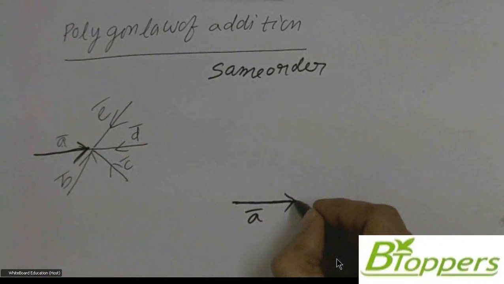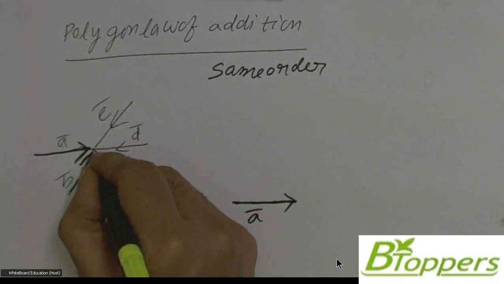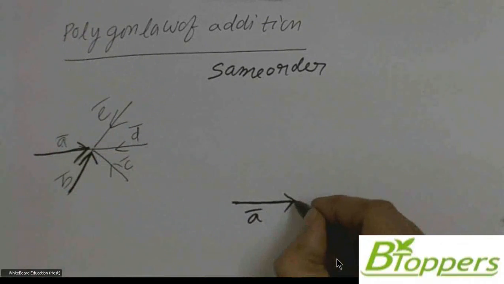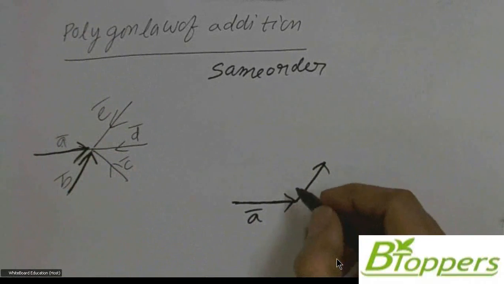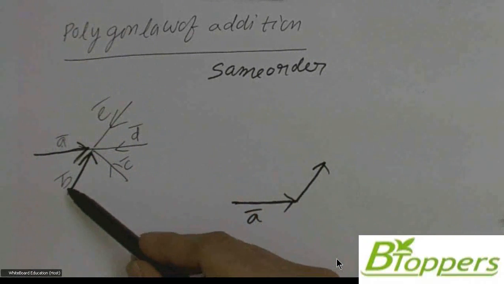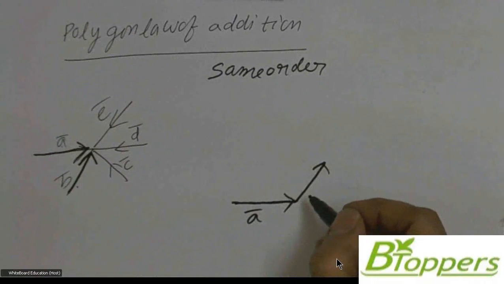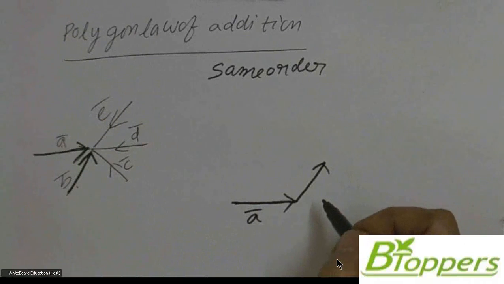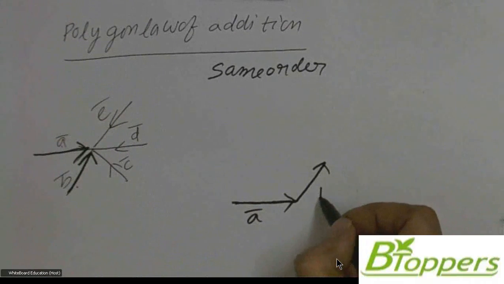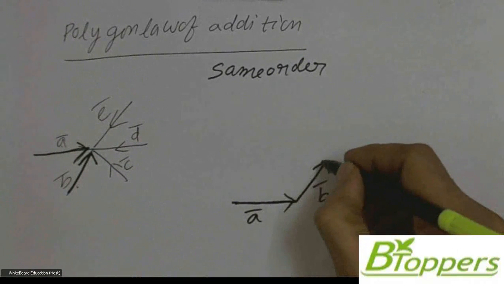Next, I draw a vector of the same length or magnitude as this vector B bar and parallel to this vector. You can represent the same vector at a different place in the diagram for convenience of finding the resultant. That means you can attach the tail of vector B bar to the head of the first vector A bar.